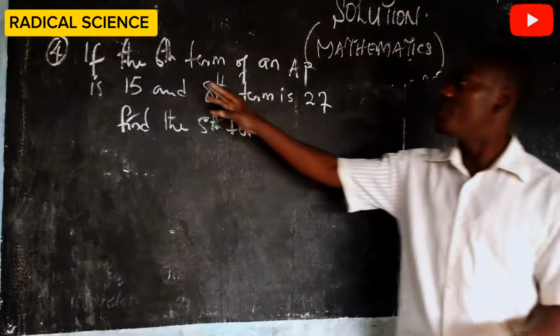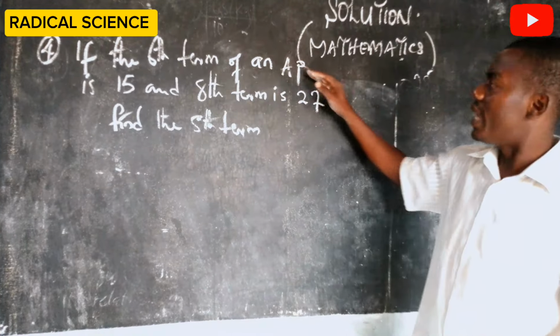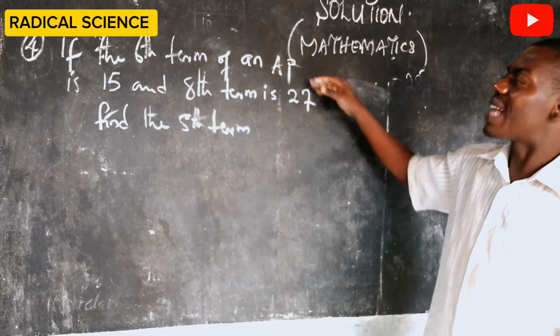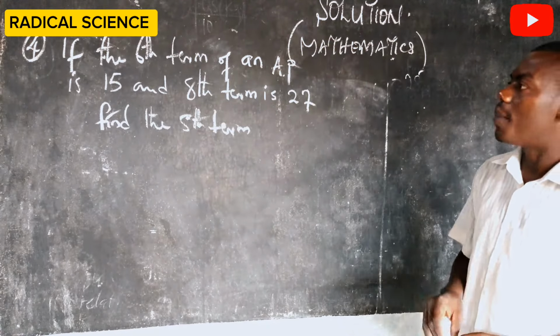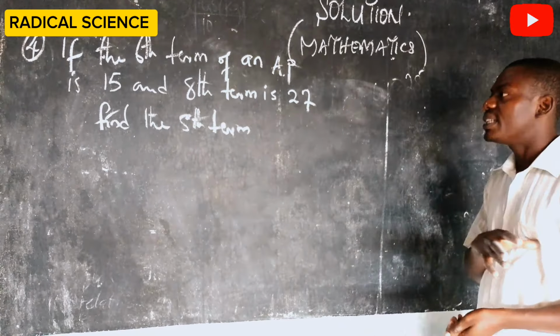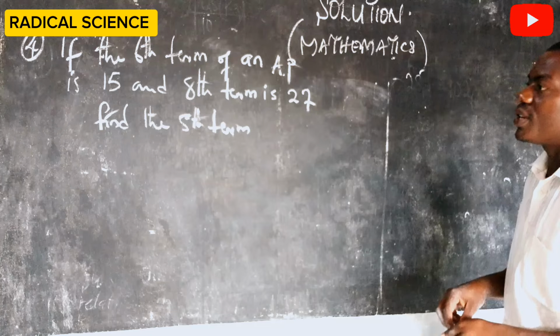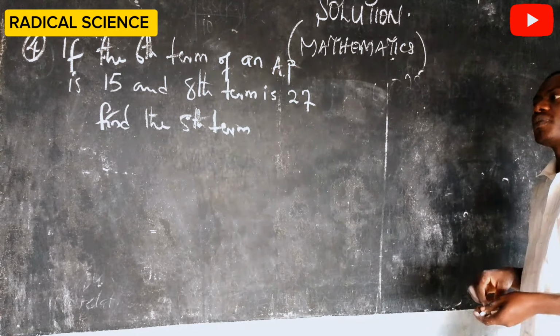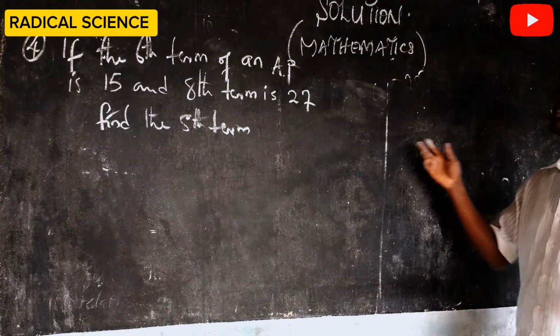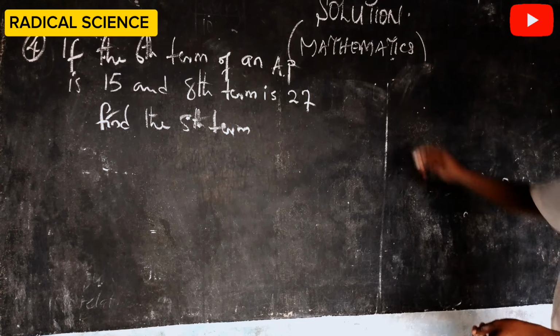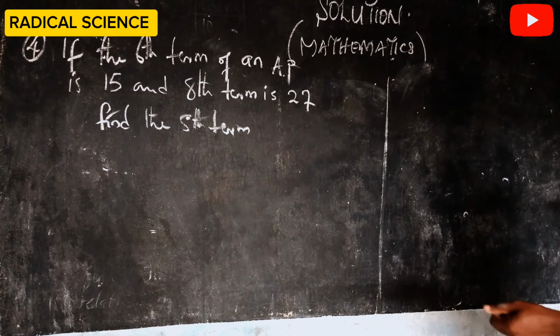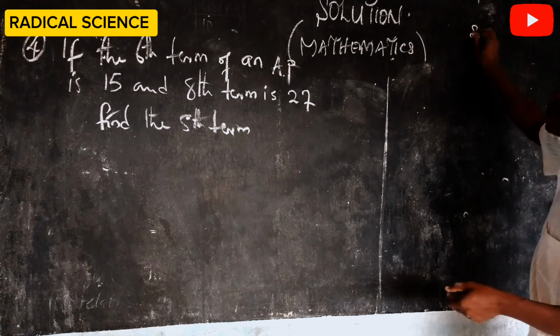It says if the sixth term of an AP is arithmetic progression. If the sixth term of an AP is 15 and the eighth term is 27, we are required to find the fifth term. Please, this one will take us a bit time to check very well. I would like you to follow me, please.